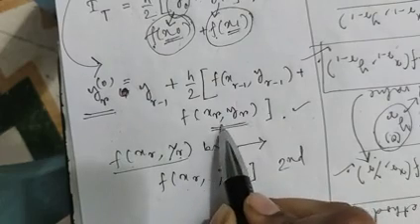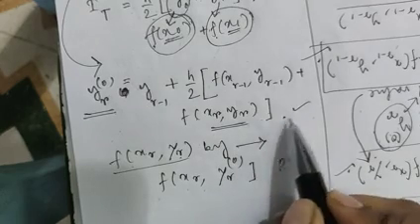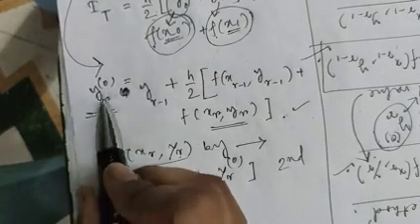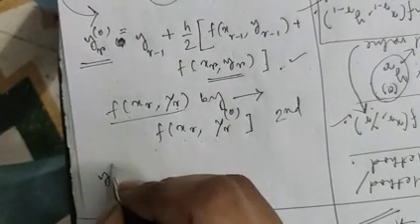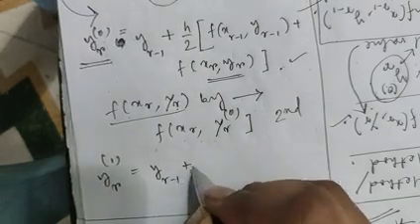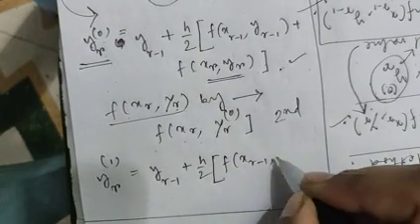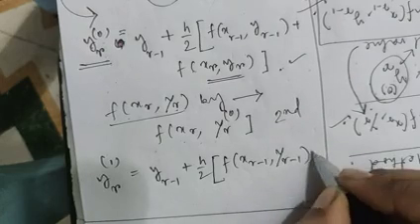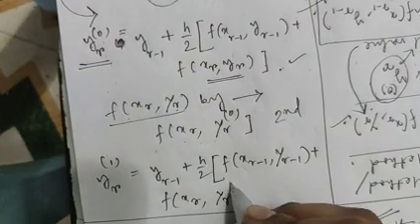That means here it is f(x_r, y_r), here we will use y_r^(0) to get the next approximation, which will be y_r^(1). So what would be our next approximation? It will be y_r^(1) equals y_(r-1) plus h by 2 into f(x_(r-1), y_(r-1)) plus f(x_r, y_r^(0)).